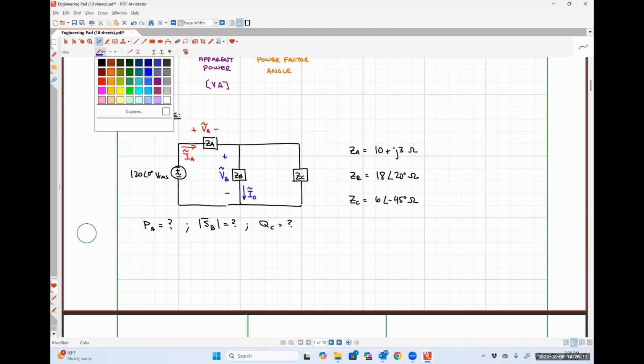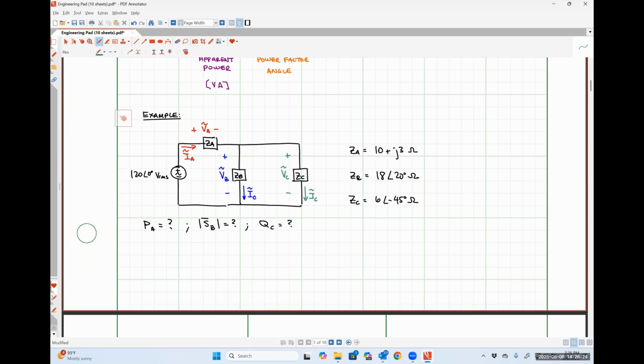And similarly, to figure out what's going on with ZC, we need the voltage drop across it and the current flowing through it. So does anybody have any thoughts on how we might determine any of those pieces of information?